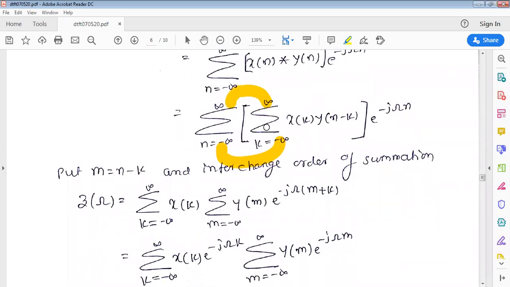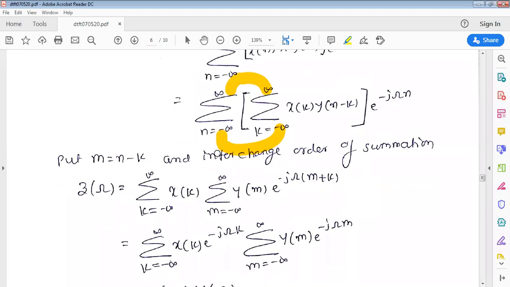Therefore, I have summation k equal to minus infinity to plus infinity x of k. Now I'll put n minus k is equal to m. Therefore, I'll write y of m into e power minus j omega n, where n is equal to m plus k.